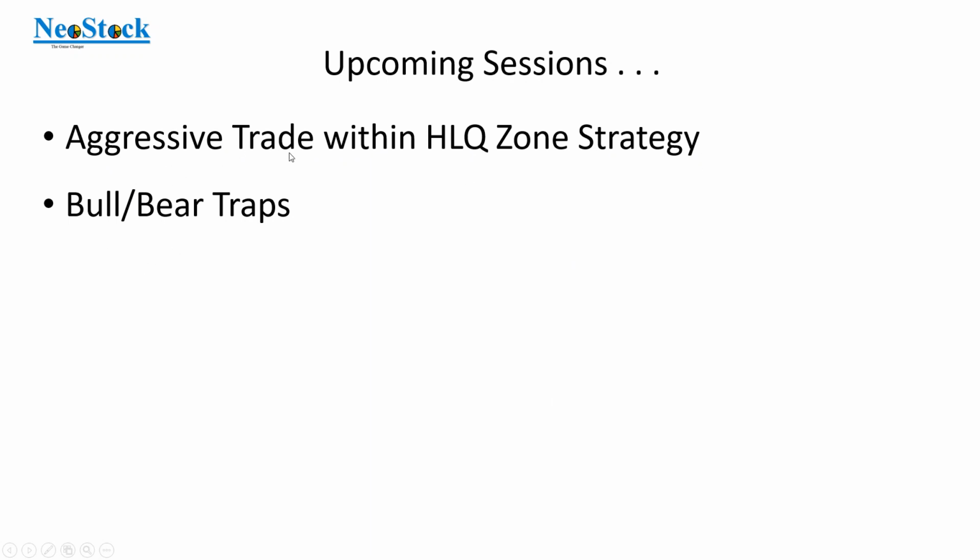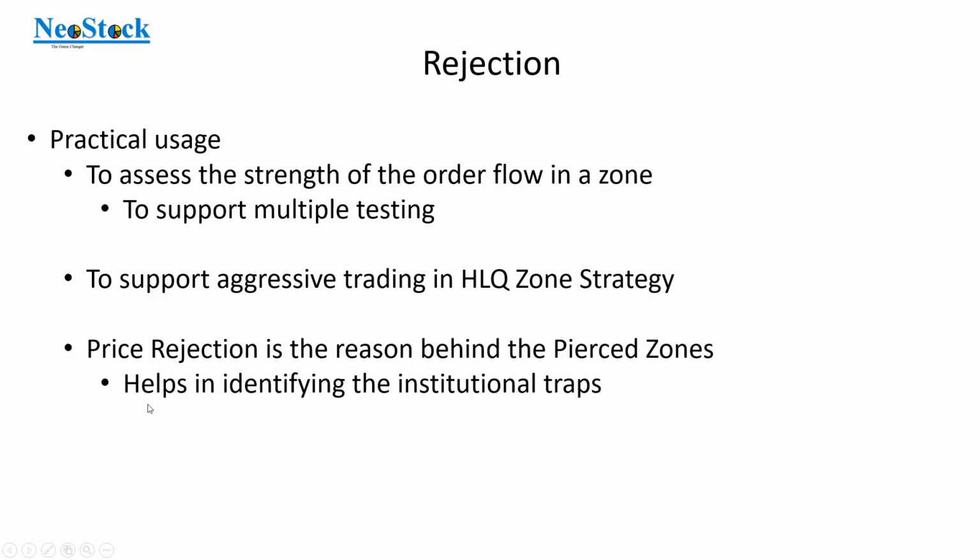After completing this lesson, you will be learning bull or bear traps. That is the last point here: helps in identifying the institutional traps. So all the important concepts have a dependency on rejections.